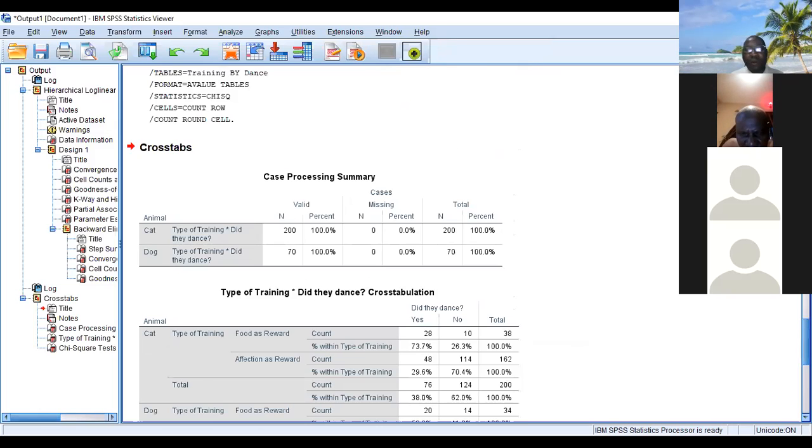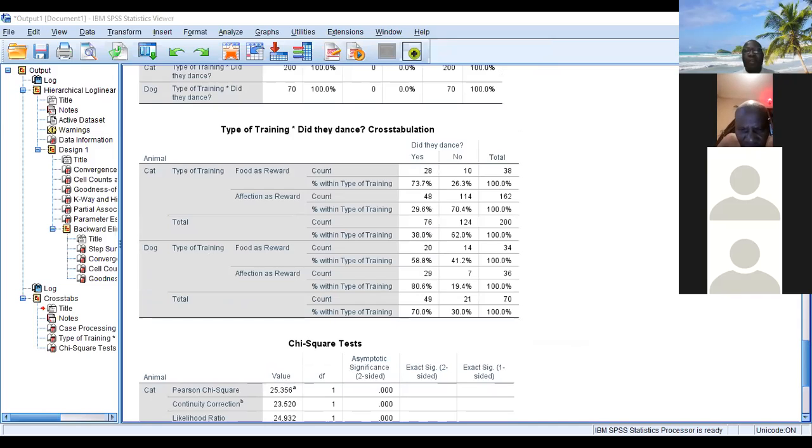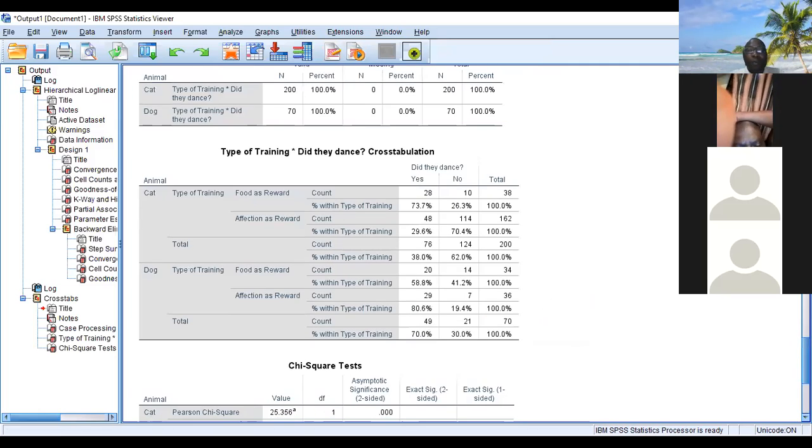Let's look at what we have here. You will see that the total is 200 for cats and the total is 70 for dogs.